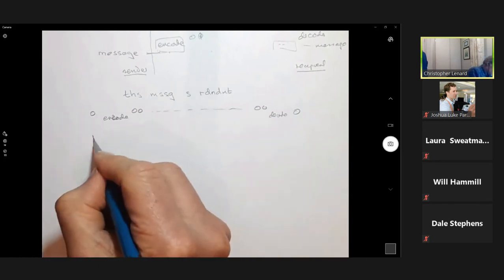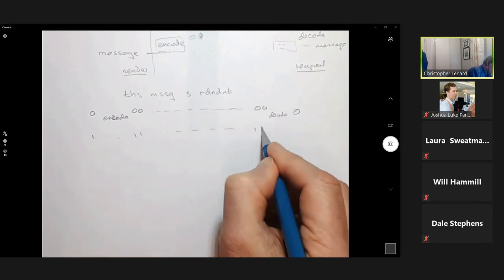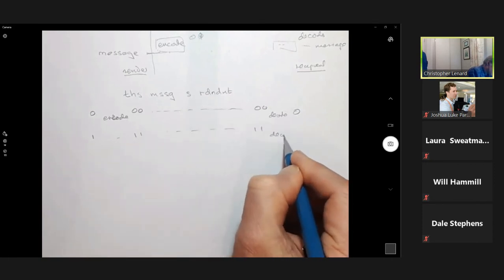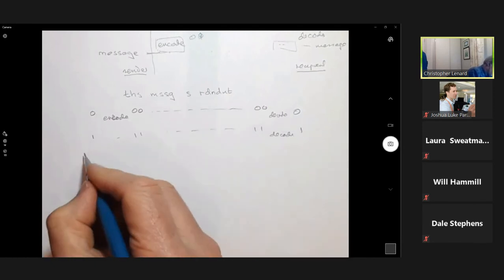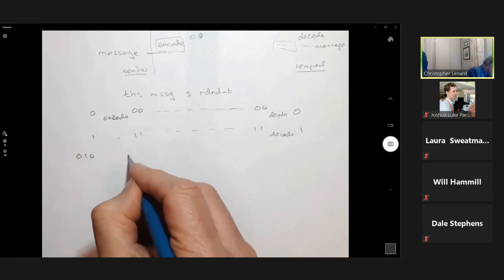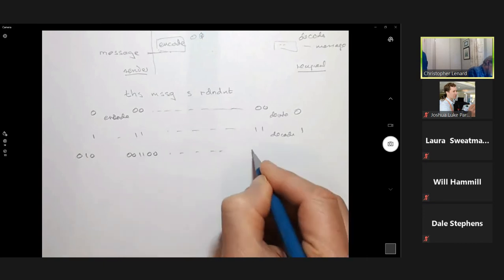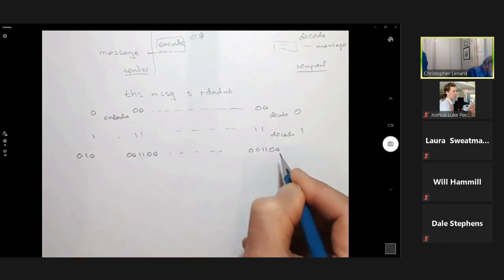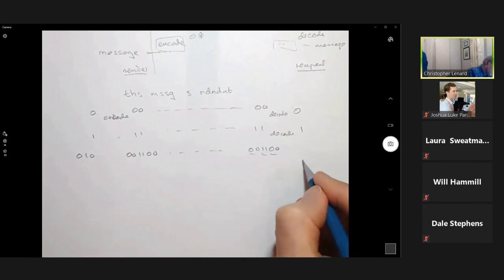Or I want to send 1, and I encode it as 1, 1. I send it, they receive 1, 1, decode it, and read 1. Or if I want to send 0, 1, 0, I encode it into 0, 0, 1, 1, 0, 0. They receive 0, 0, 1, 1, 0, 0, and because of the encoding system, they decode it to 0, 1, 0.